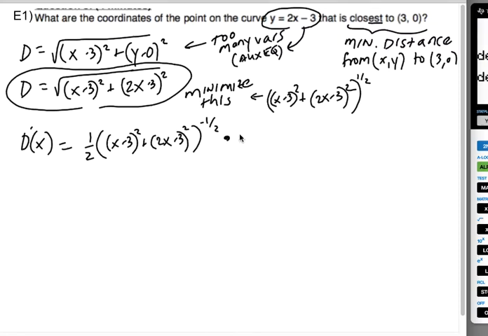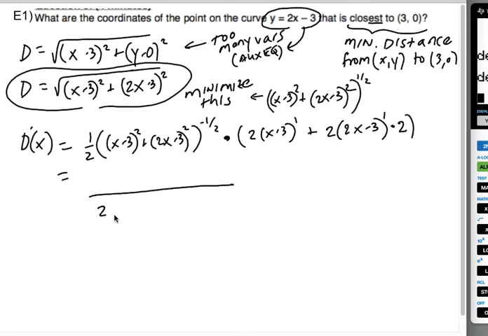The derivative of the inside is going to be 2 times (x minus 3) to the first plus 2 times (2x minus 3) to the first times the derivative of the 2x minus 3, because here the derivative of the x minus 3 was just a 1 anyway. It's one of those things that's worth memorizing: when you differentiate a square root, you get 1/2 times that square root on the bottom, because it happens a lot.